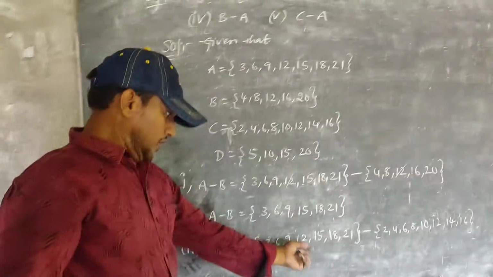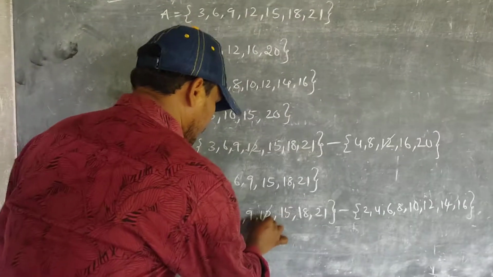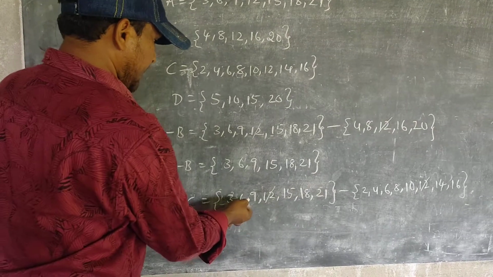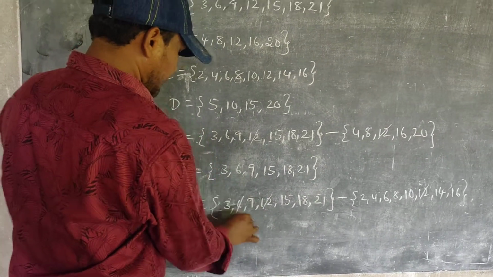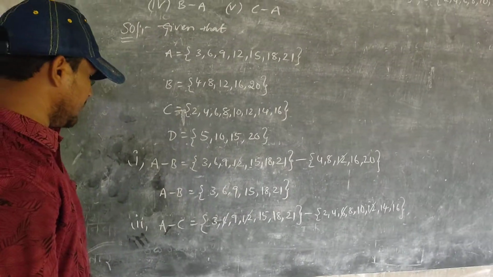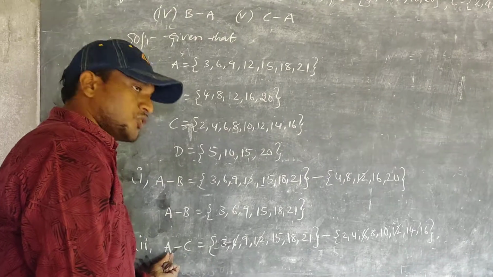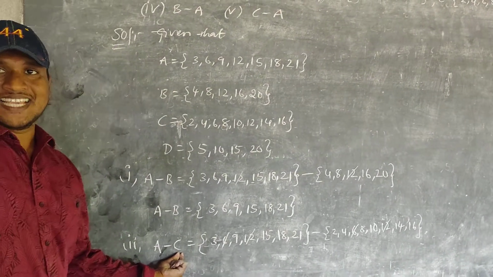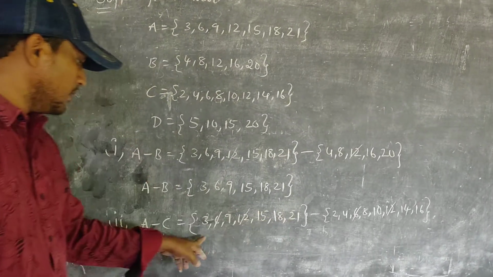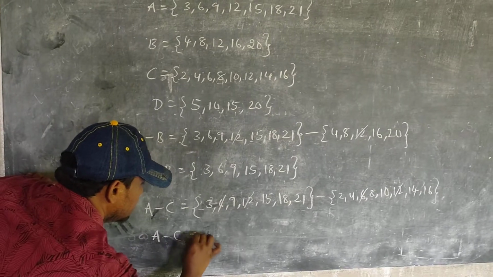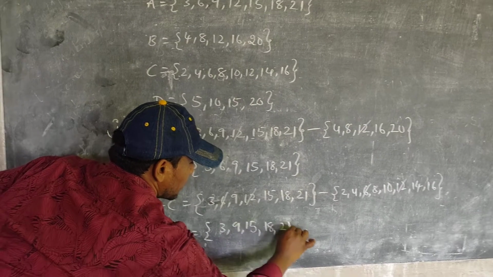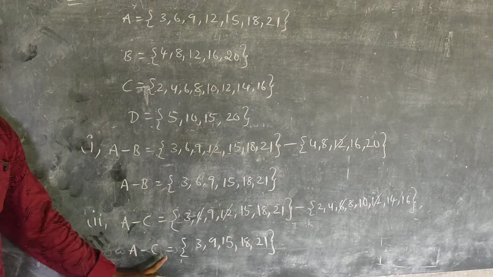A minus C means which belongs to A but do not belong to C. Cancel the common elements and write the remaining elements. That is, A minus C equals 3, 9, 15, 18, 21. That is A minus C.